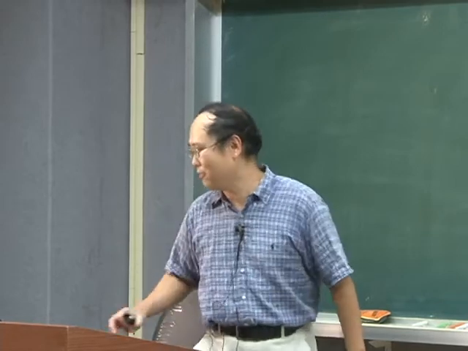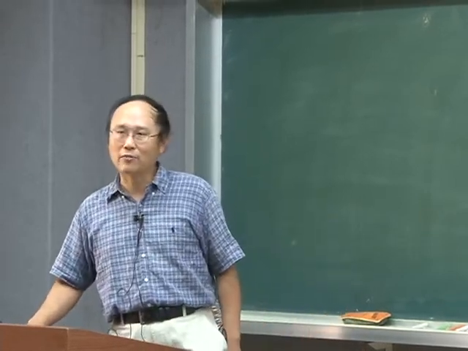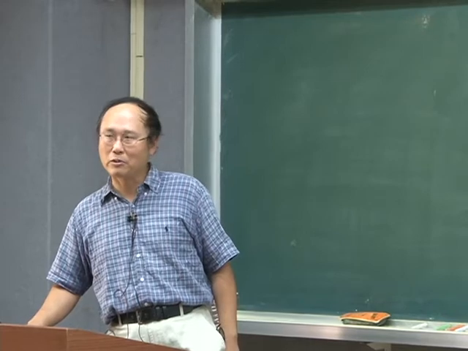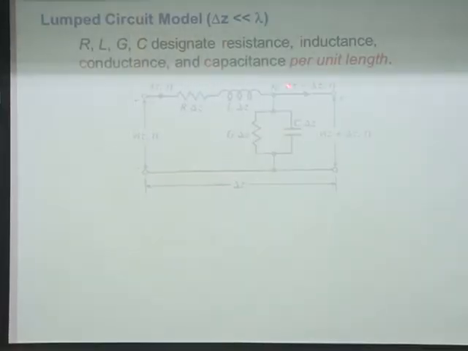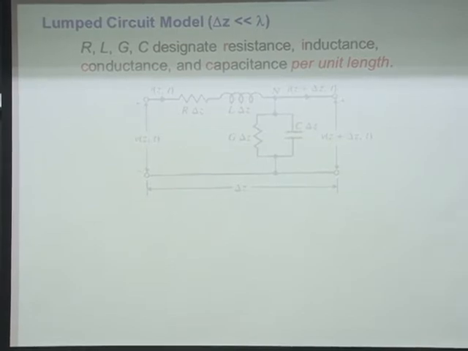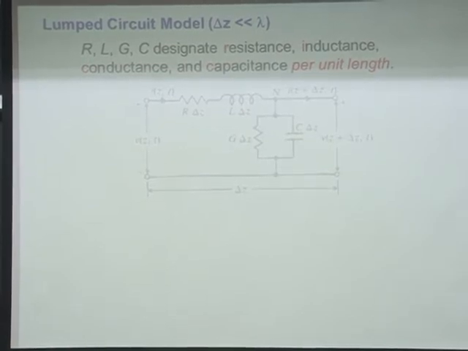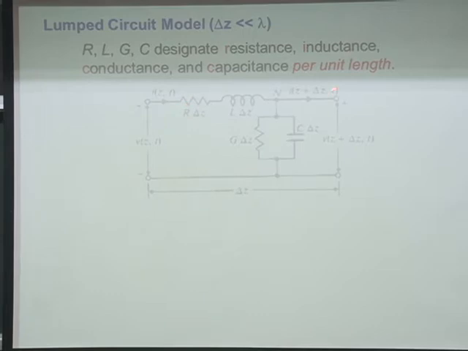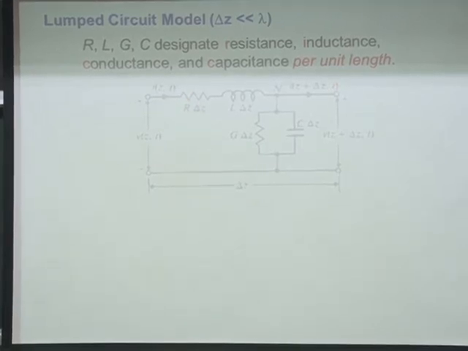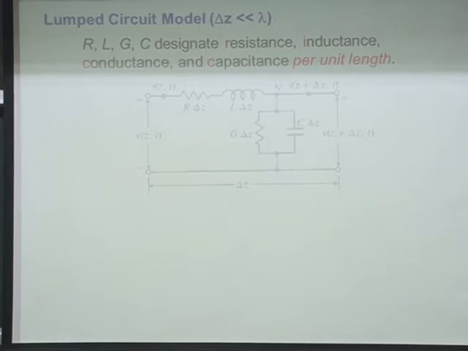Okay. Therefore, if you want to borrow the concept from the circuit theory you learned a long time ago, you have to chop the transmission line into very small sections. Okay. Therefore, the voltage here and here are very close to each other, and you can derive the differential equation to describe the voltage and current relationship over a small differential length delta z.